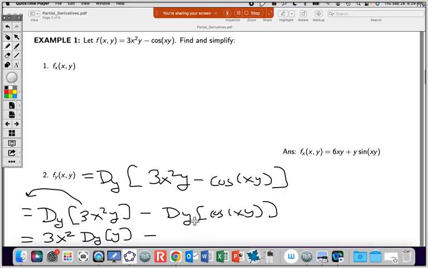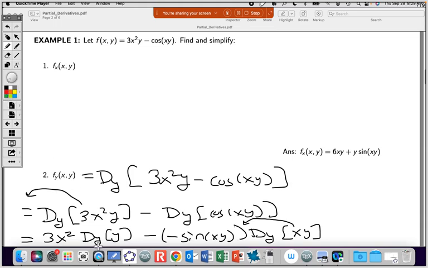And now I'm taking the derivative of cosine of something. That's still minus sine of that thing, times the derivative of what's inside with respect to y. So once again, in this scenario, the x is going to get treated like a constant and can come out front.